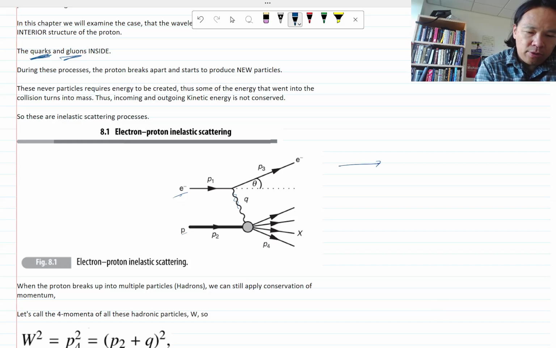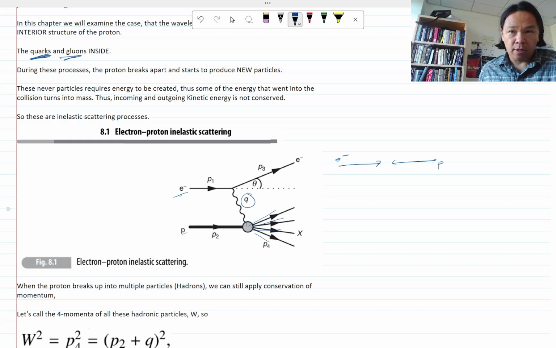Actually, what usually happens is that the electron and the proton run into each other, but this just simplifies the exchange, where you have a photon exchanged between the proton and the electron. This photon is so energetic that it starts to break up the constituents of the proton. You just break the proton up, and it'll reform itself in some other ways.